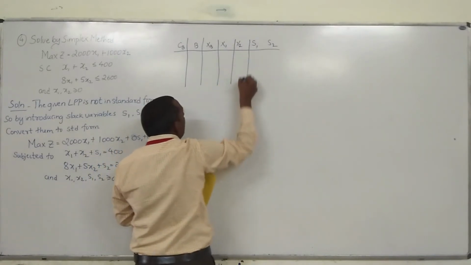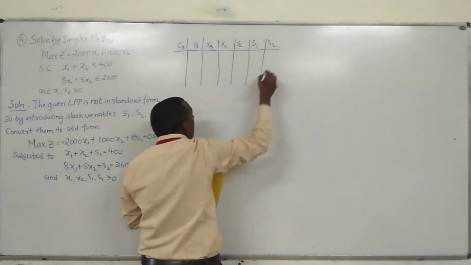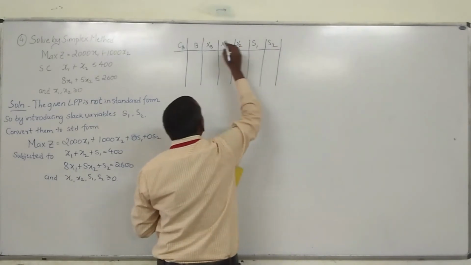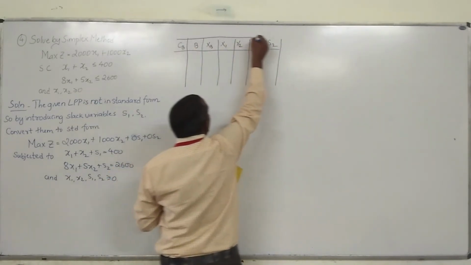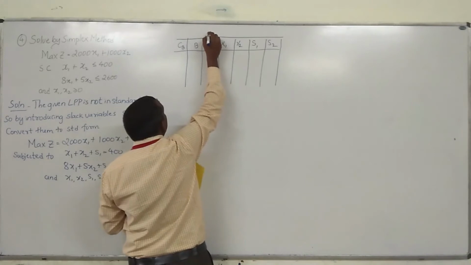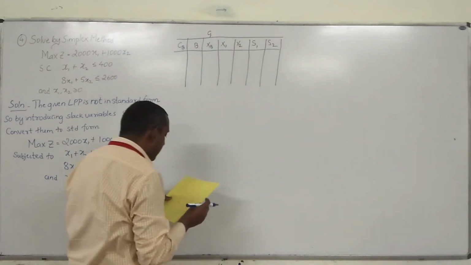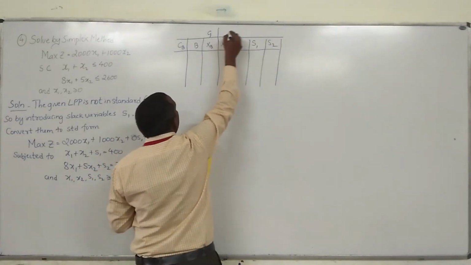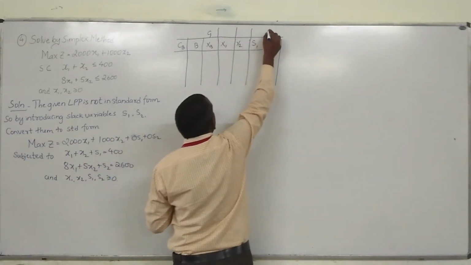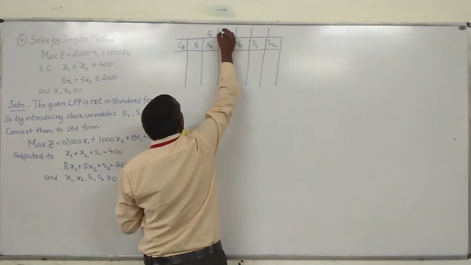When do we need to add slack variables and surplus variables? Slack variables, you already know, we are supposed to add when the constraints are subjected to less than or equal to. What happens when the constraints are subjected to greater than or equal to?